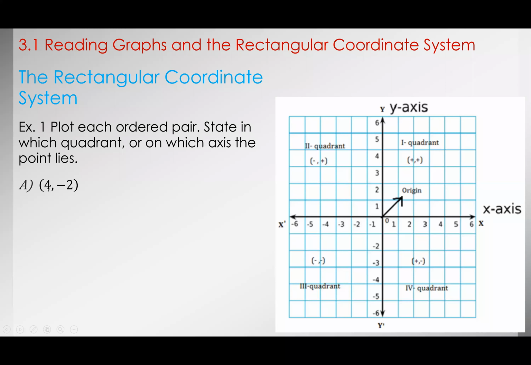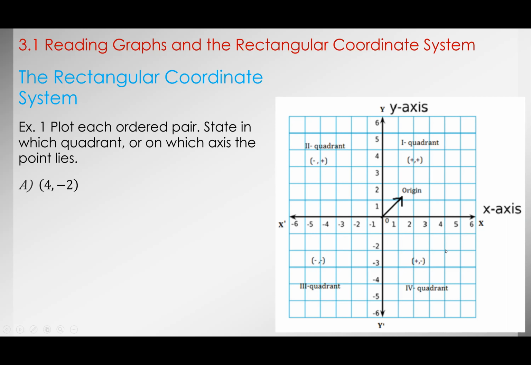The first thing you always tell yourself is you go left or right first, and then up or down. Do you see we have a positive 4? From 0, I have to travel 4 to the right. And from 4, I do not stop there because it tells me negative 2.